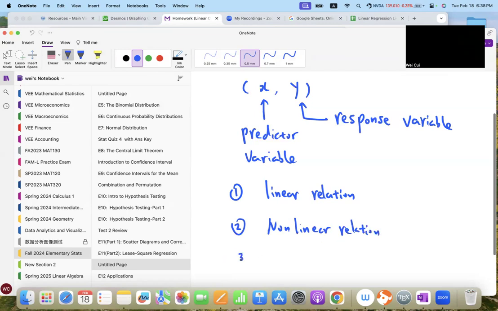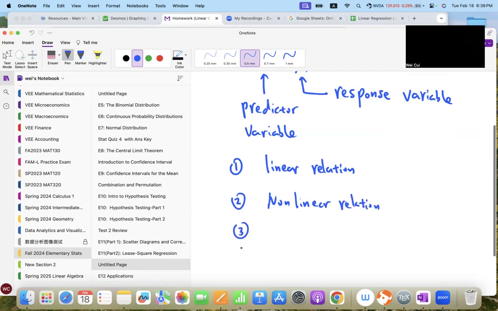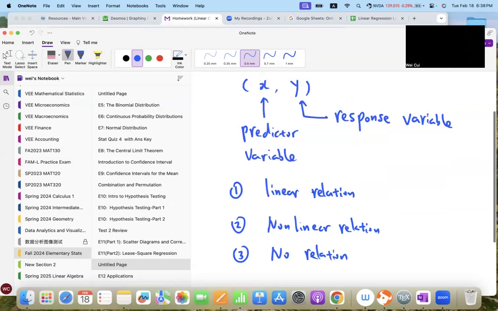And the third case is these two variables do not have any relation. And if there is a linear relation between these variables, the linear relation can be either positive or negative.